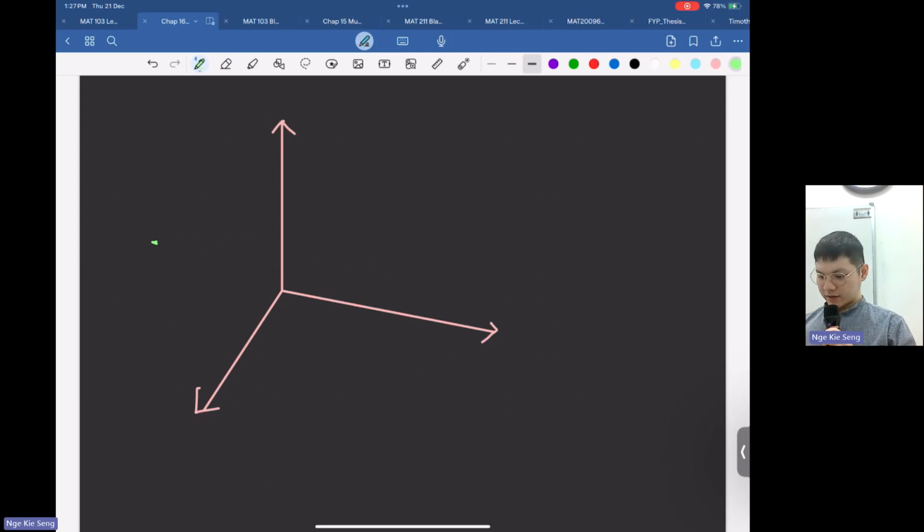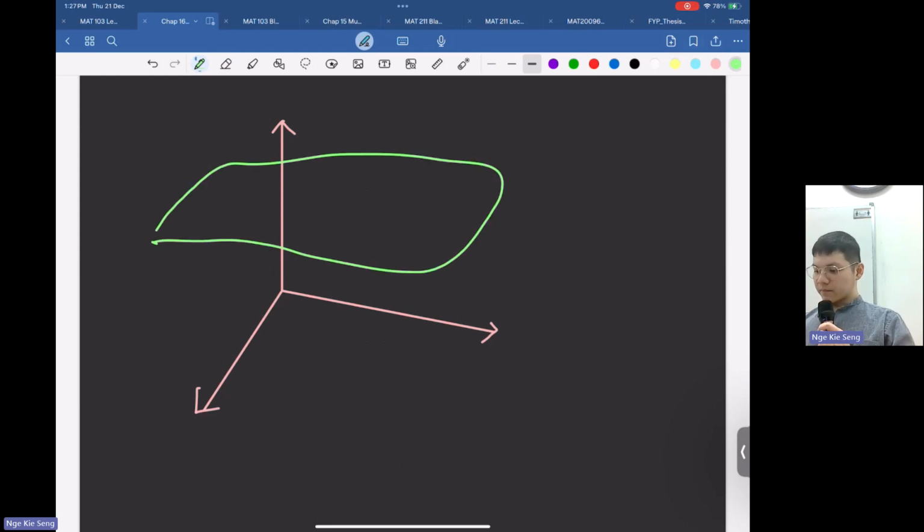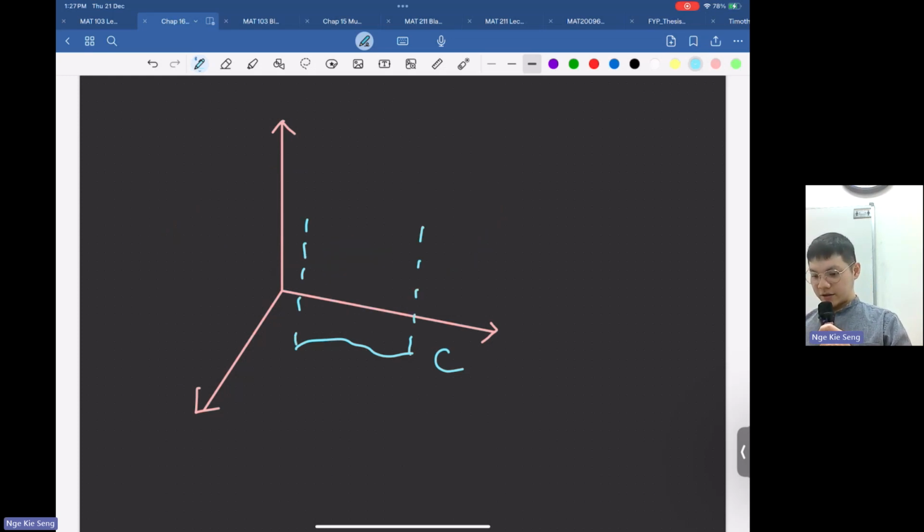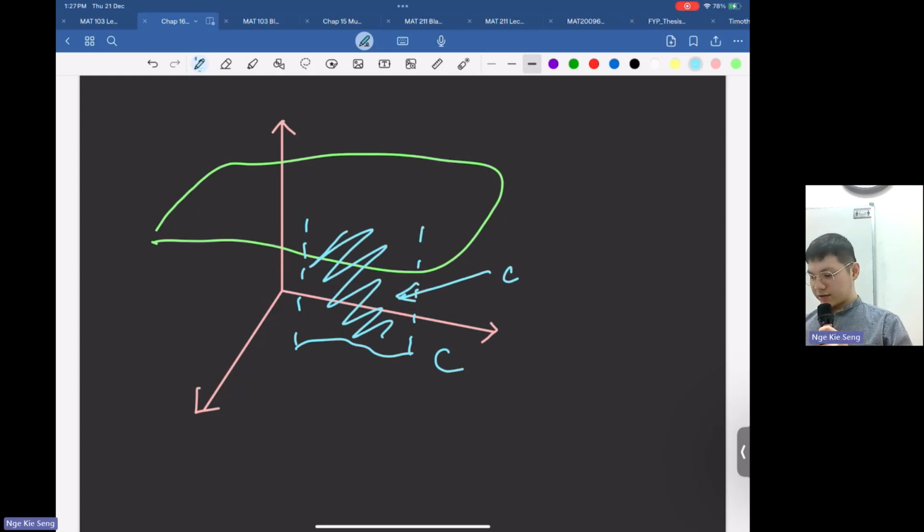Let's say you have a surface like this. You want to integrate over a curve C. You want to look at the area under the graph above the curve C. Last time we called this a curtain.